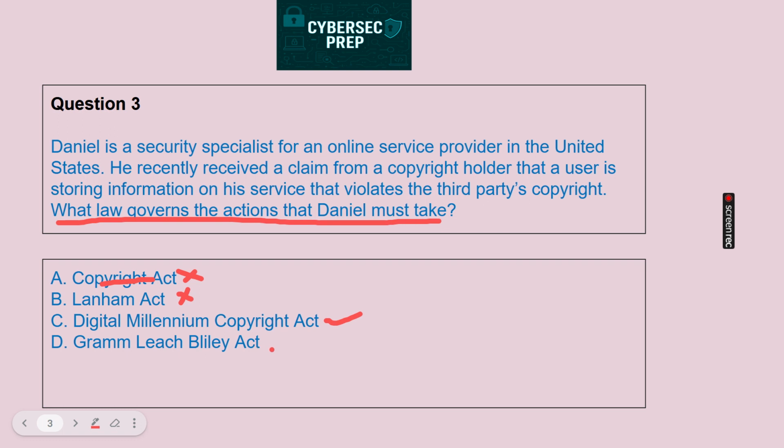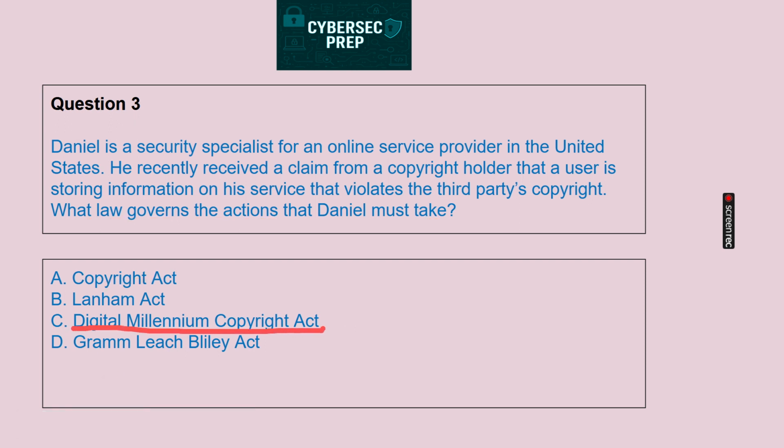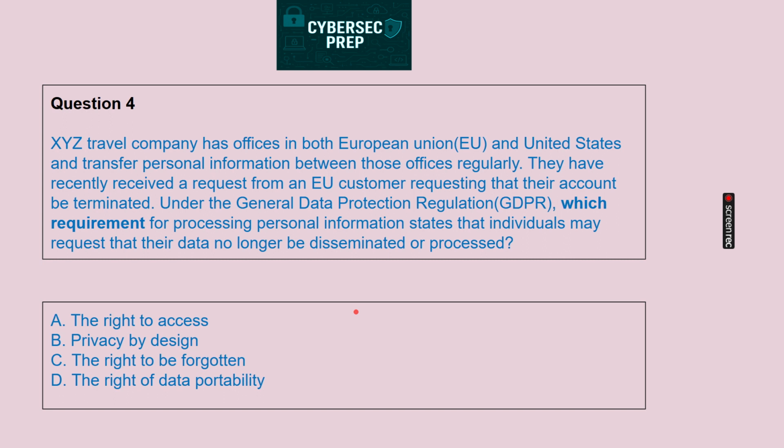The last option is Graham Leach Bliley Act, in short, we call it GLBA. GLBA is an act which regulates the handling of personal financial information. So it has nothing to do with copyrights. So we are left with only one option, which is option C, Digital Millennium Copyright Act, which is the correct answer for this question. Move on to the next question.